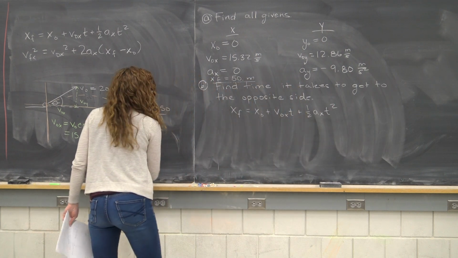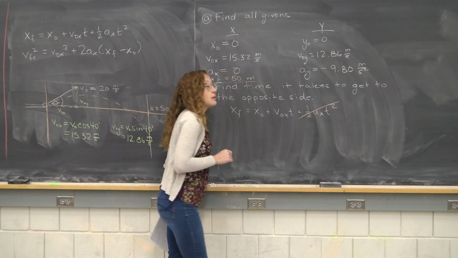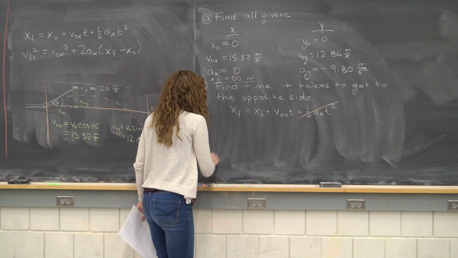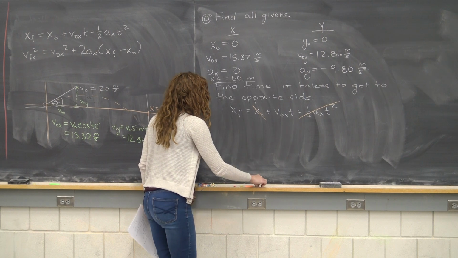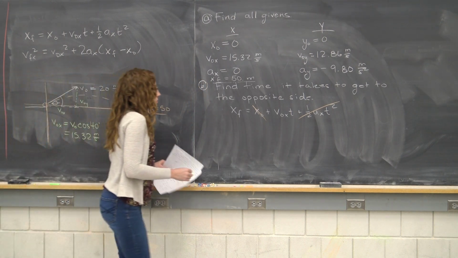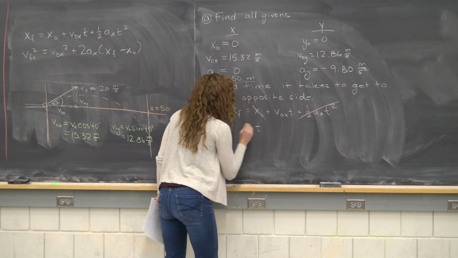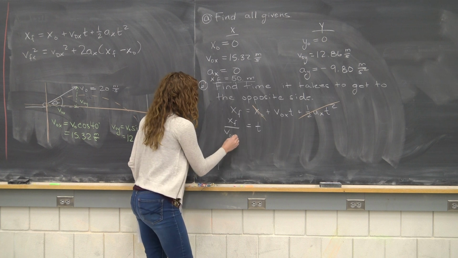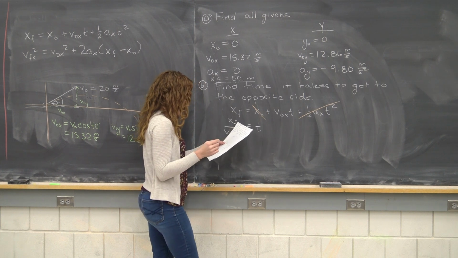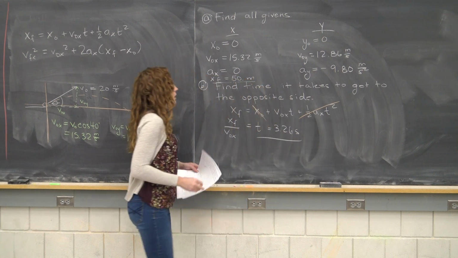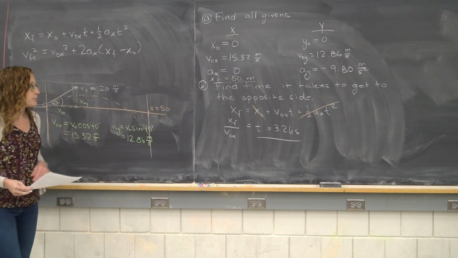What's really nice is that, since we're dealing with the x component, the acceleration term drops out, and our x naught is also 0, just because that's where we've defined the origin to be. And so now we're just solving for t. So I'm going to divide by v naught x on both sides. I'm left with something like this, and my time ends up being about 3.26 seconds. Okay, so this is the time to the other side.